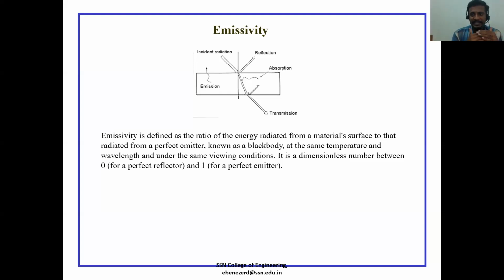Depending upon the type of surface, whether it is polished or rugged, and whether an oxide layer is present or not, the amount of radiation that is reflected will vary. The radiation that comes in, 100%, is equal to the addition of all these three.